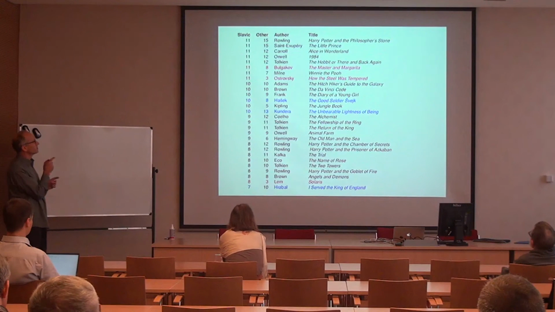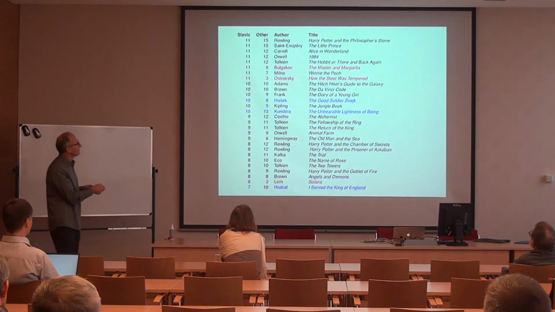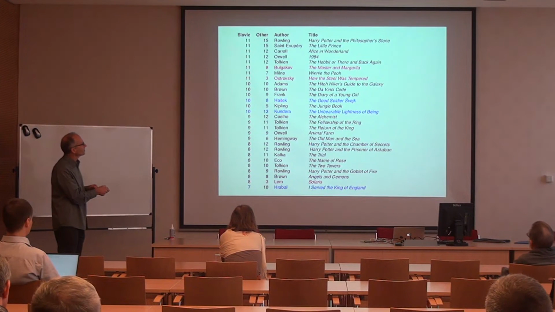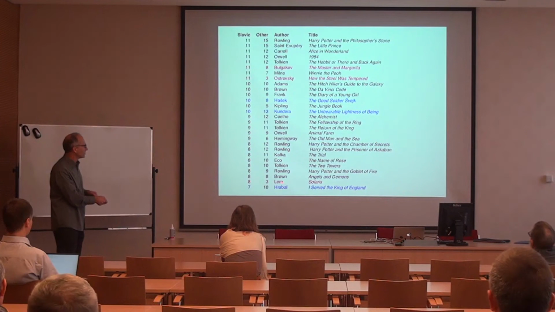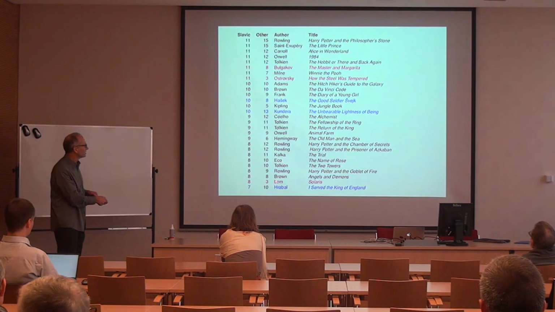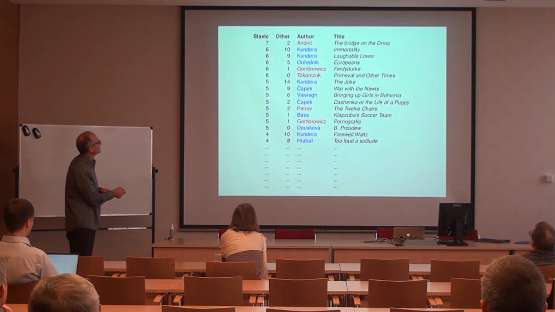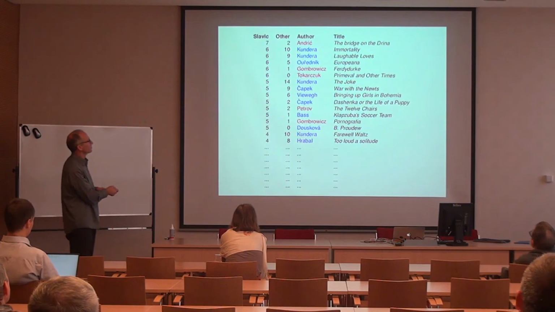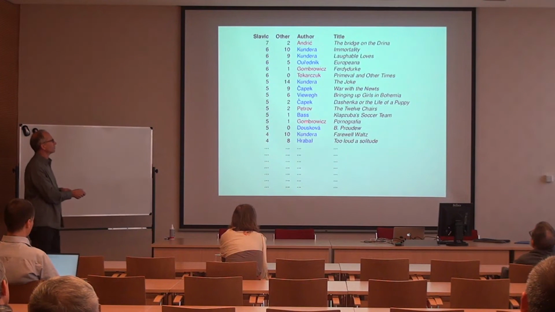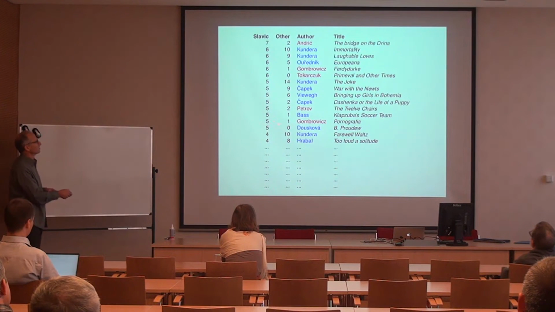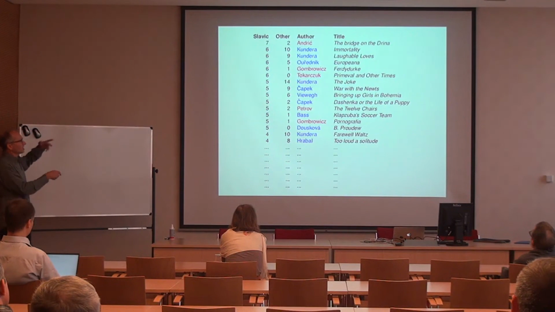Bulgakov, that's the first Russian translation. Then the first Czech is of course Hašek, and then Kundera, and then the first Polish author is Lem, Solaris, and there is something more, it's Gombrowicz, and Tokarczuk is here also. Gombrowicz is seven times, and this is six times. The red are Slavic.